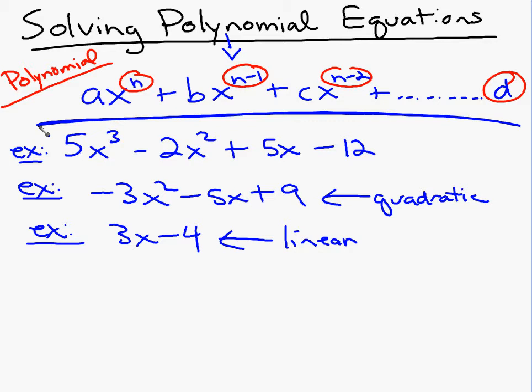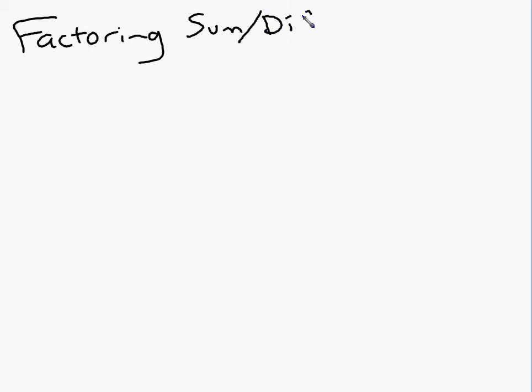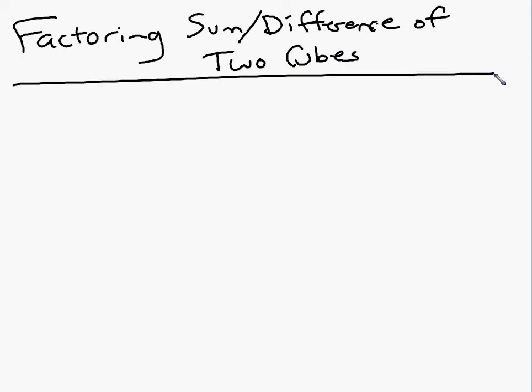All right? So we're going to work with, I guess you would call it, some more advanced solving techniques. And the very first thing I want to give you is an important formula for factoring the sum or difference of two cubes.